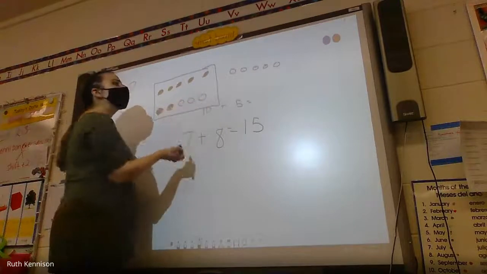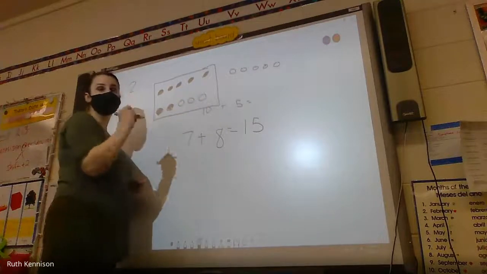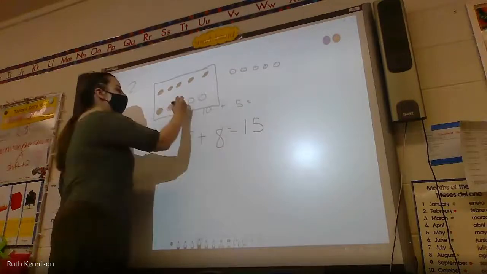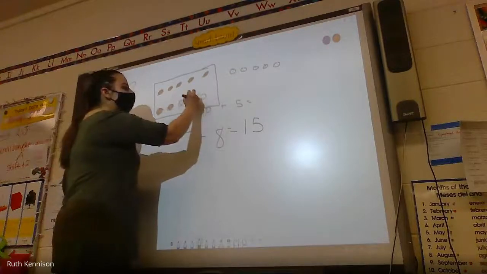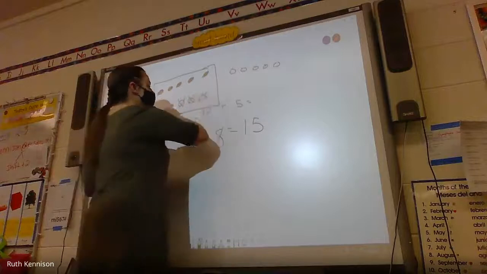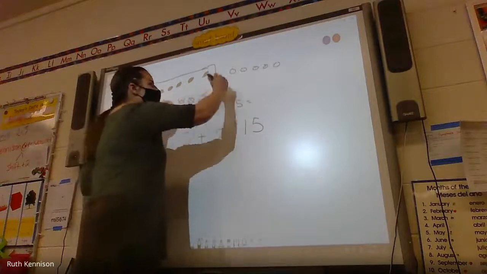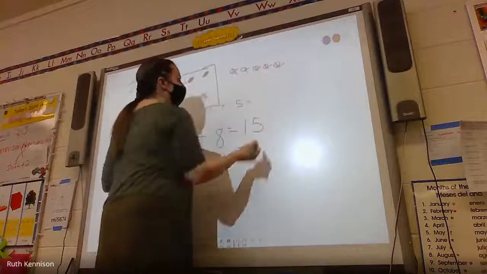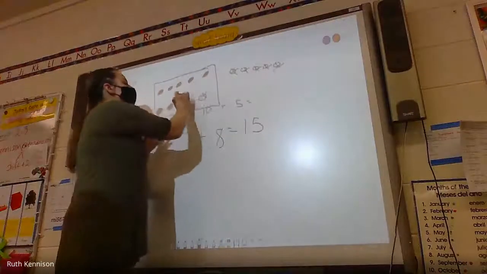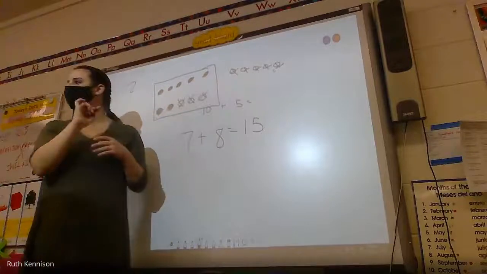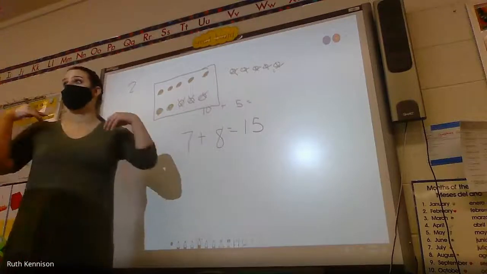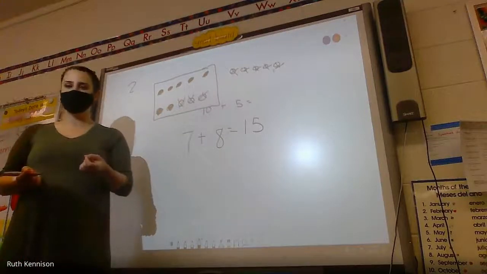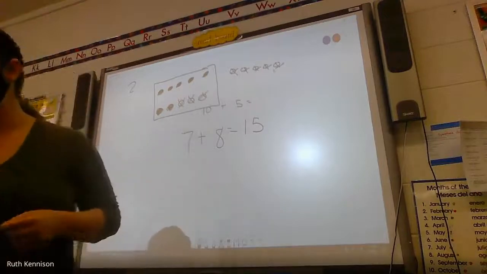And then whether you want to do bubbles or X's or whatever to make the 8 ones look different, if you want to do X's, that's fine too. 1, 2, 3, because 7 plus 3 is 10, right? 4, 5, 6, 7, 8. Okay? I don't care if you want to do open circles or X's, just something to make it look different. That's what I mean by that.